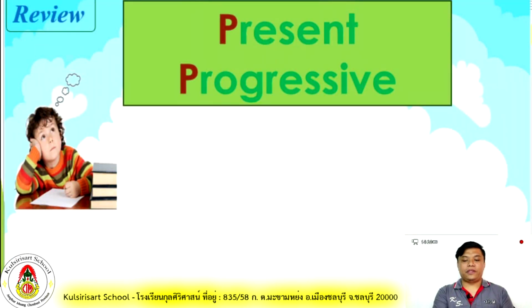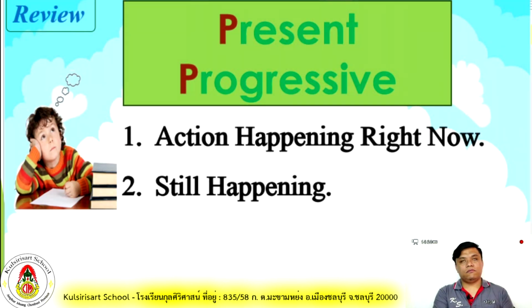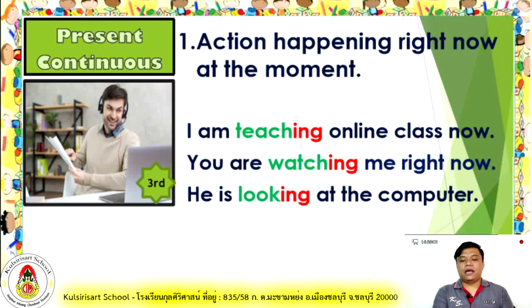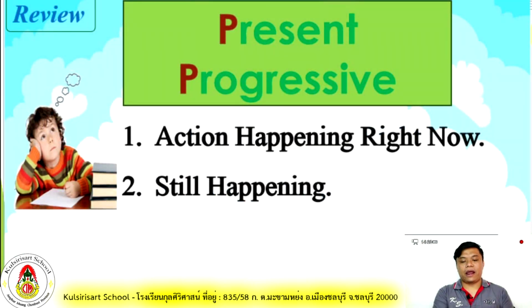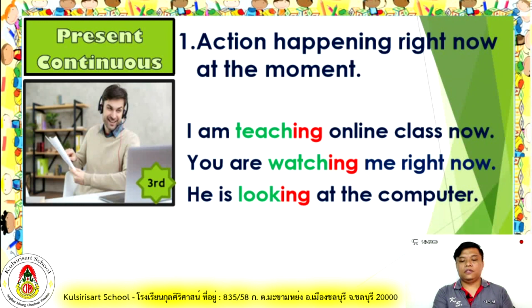And lastly, present progressive form. Usually present progressive form has the ing letters. Okay, so don't be confused. Action happening right now or still happening. But how you do it in a sentence is like this.